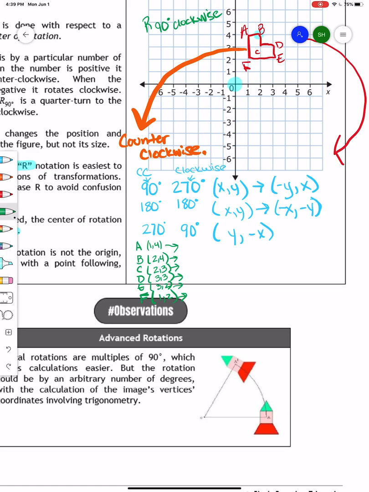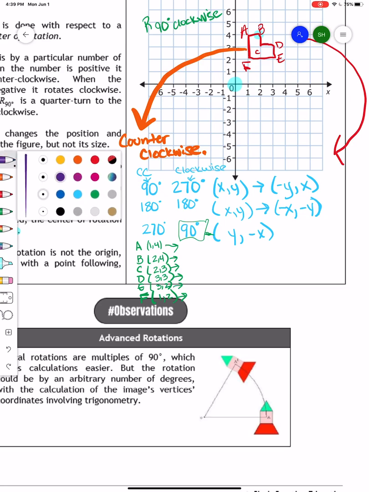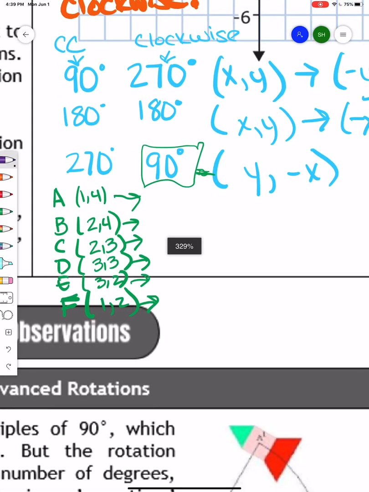Okay, so 90 degrees clockwise. Go to my clockwise, find my 90. This is what I'm going to use. My x and my y are flipping places, and my y is becoming negative. Scroll in a little bit so you can see a little better.